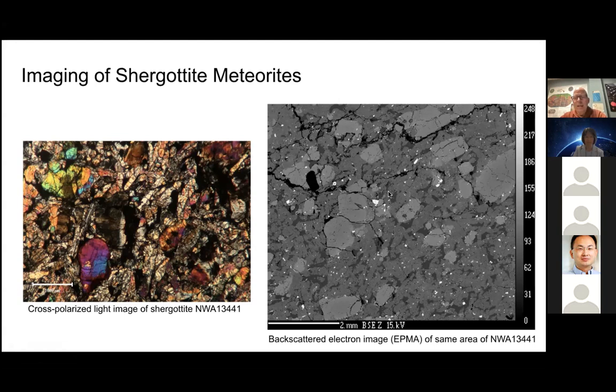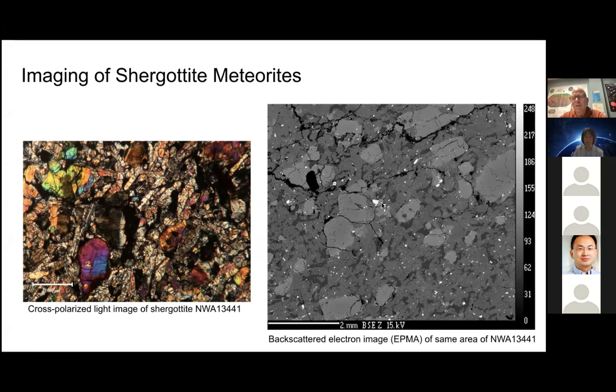The image on the right is what's known as a backscattered electron image, and this comes, in this case, from an electron microprobe. What we're seeing is that the grayscale hues of color show us the average atomic weight of different elements that make up a given compound.